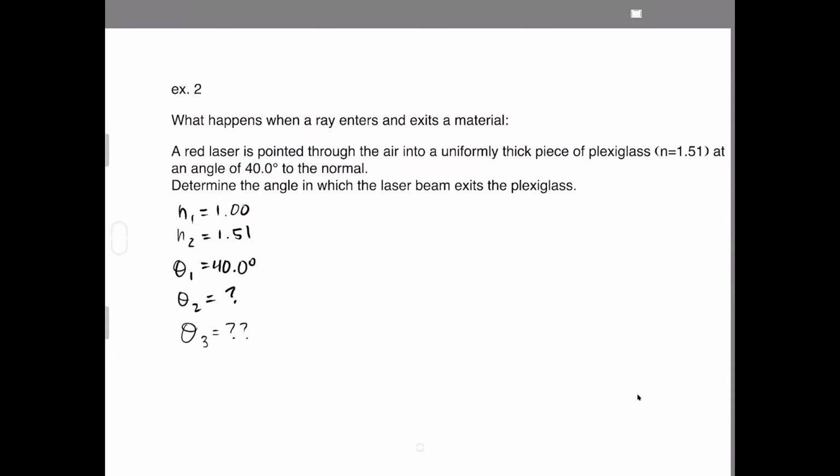All right, so let's go ahead and do the same thing that we did before. 1.00 sine 40 equals 1.51 sine theta 2. 1 times sine 40 gives me 0.6428 approximately. Equals 1.51 sine theta 2. Divide both sides by 1.51. That crosses out.